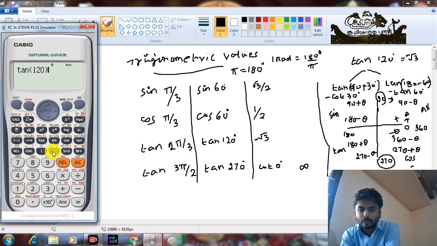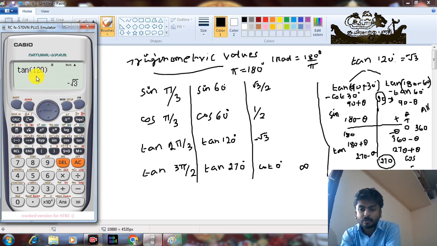So tan 120, it is not necessary to write degree. We can simply put tan 120. So tan 120 is minus root 3. So this is also correct. I have not yet explained the mistakes we are making. I am now writing everything in degrees. The mistake will arise when we are writing in radian. So that we have to check.